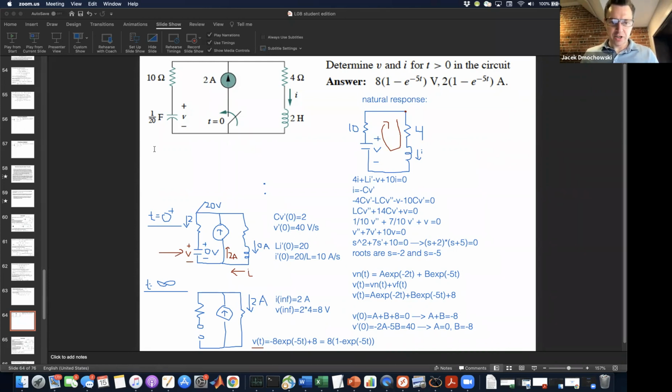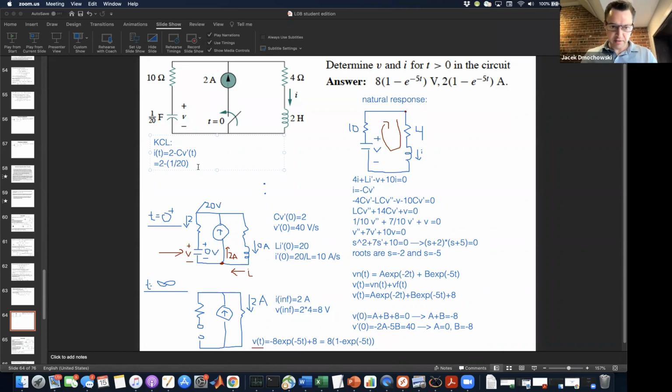So now we can just write KCL at this point here, right? And the KCL is going to be I is equal to 2 minus C V prime. So why is it minus? Again, because the polarity here is flipped with respect to the current. So it's going to be equal to 2 minus 1 over 20, that's the C, times the derivative of this guy.